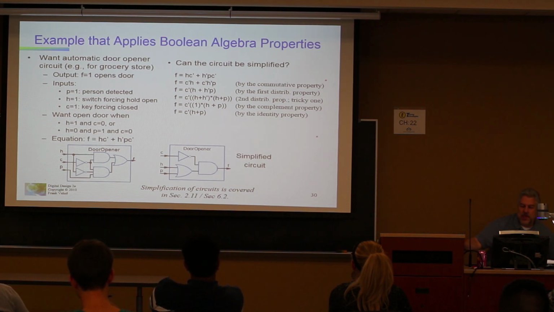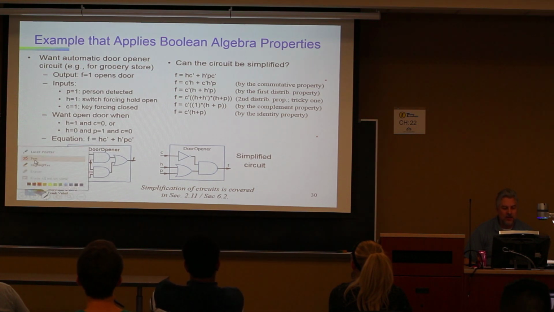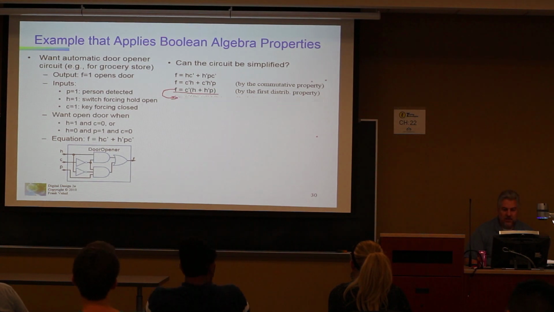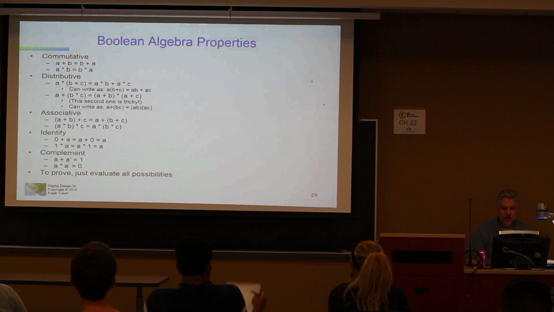So the one thing that you didn't understand, if I remember correctly, was going from this step to the next step. Would you agree? Yes? So if we look at the properties here, there's one here, and it's going to be A plus BC is equal to (A plus B)(A plus C).